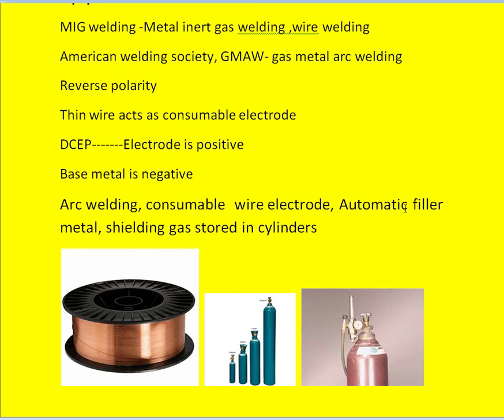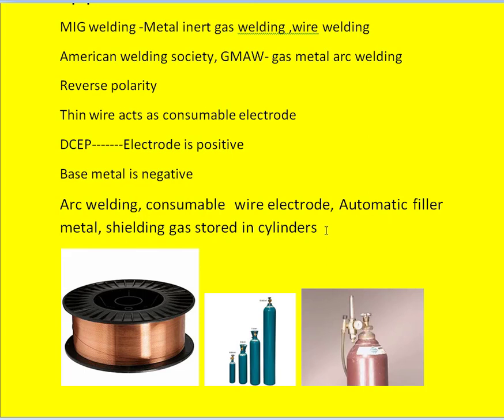That is normally in the form of a spool, and the spool is kept on a rolling machine, which supplies the wire electrode continuously as per requirement. Sometimes in addition to this, external filler material is used for welding. There is an inert gas, also called shielding gas, stored in cylinders at high pressure.